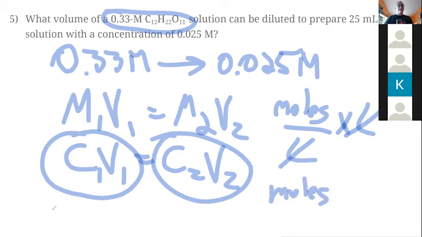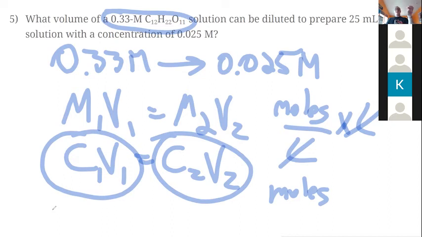So the volume of the concentrated solution times the concentration of that solution is the number of moles of sucrose that are going to be in that volume. And since we're diluting it into water, the volume of the second solution times the concentration of the second solution has to be the same thing, because the only place where the moles came from were from your concentrated solution.